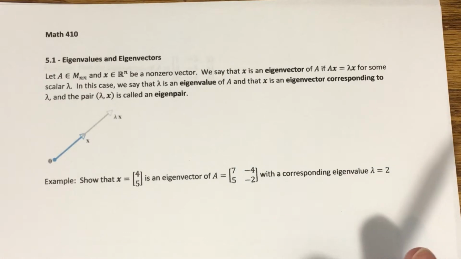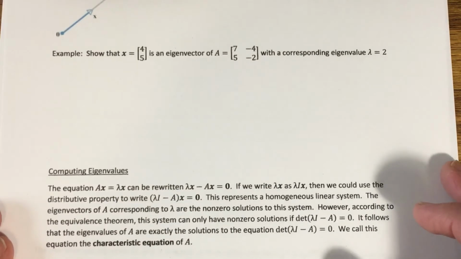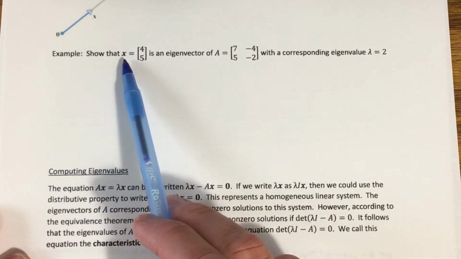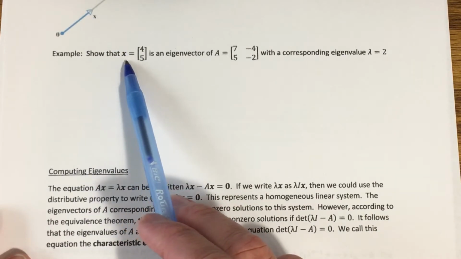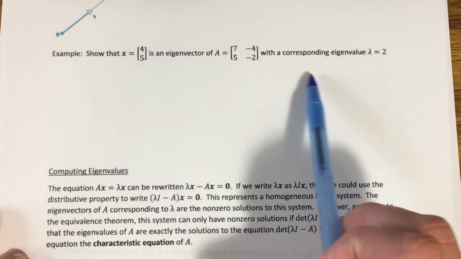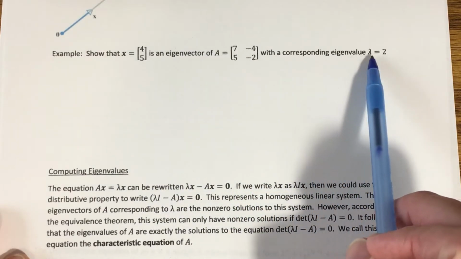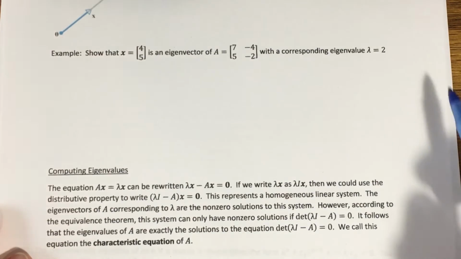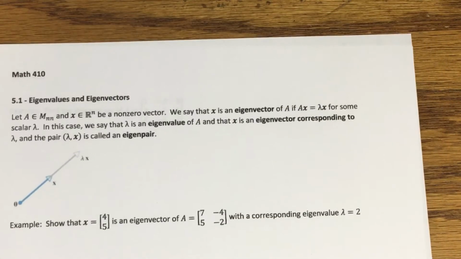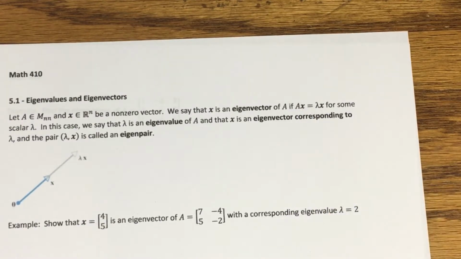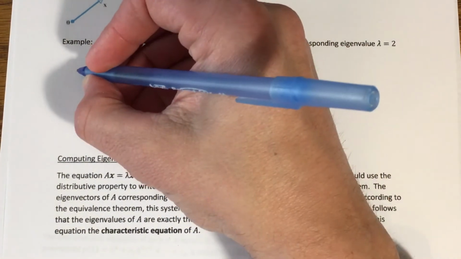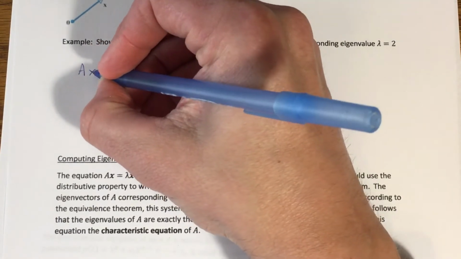Okay, now let's go up here. So here's an example. I want to show that this vector 4, 5 is an eigenvector of A, and that its corresponding eigenvalue is lambda equals 2. So I'm going to basically verify both sides of this equation. Let me start with Ax.